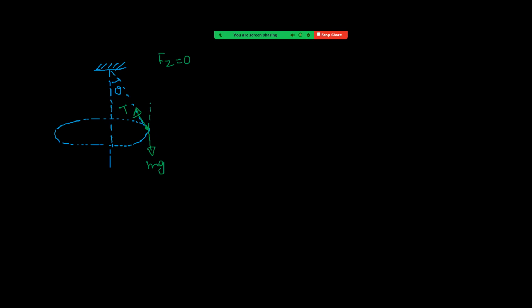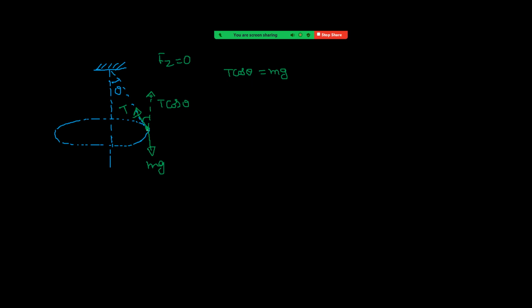It is vertically up. Now that is balancing, this is theta. So it is now T cos theta. So first condition Fz equal to 0. So I'm writing here T cos theta minus mg equal to 0 or T cos theta equal to mg, right?